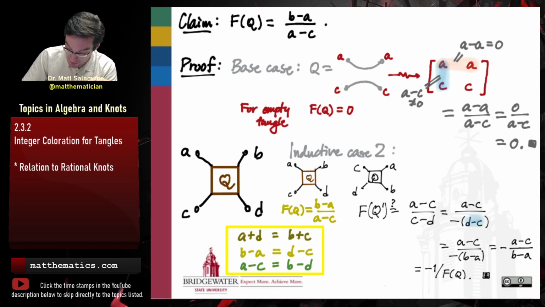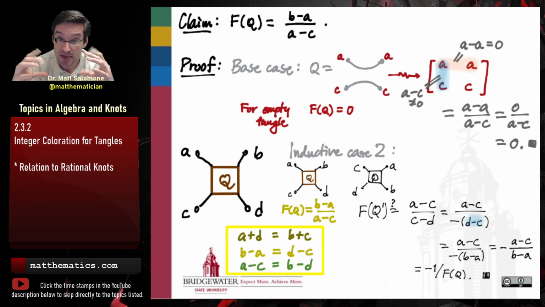What it means is that because every rational tangle is created by starting from an empty tangle and applying a word of t's and r's, right, successively, and because the individual maneuvers that make up rational tangles, in other words, starting with empty, adding a twist, adding a rotation, because those three maneuvers work exactly the same for this weird coloration definition of the fraction as they did for our original definition of tangle, right?